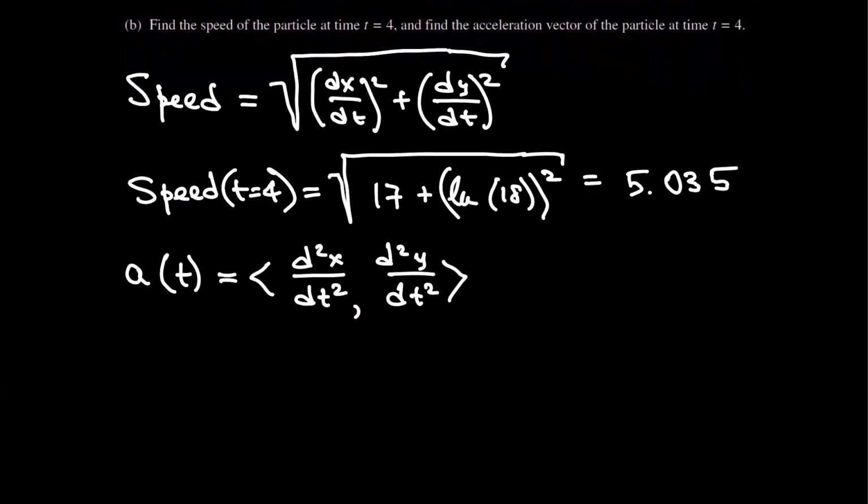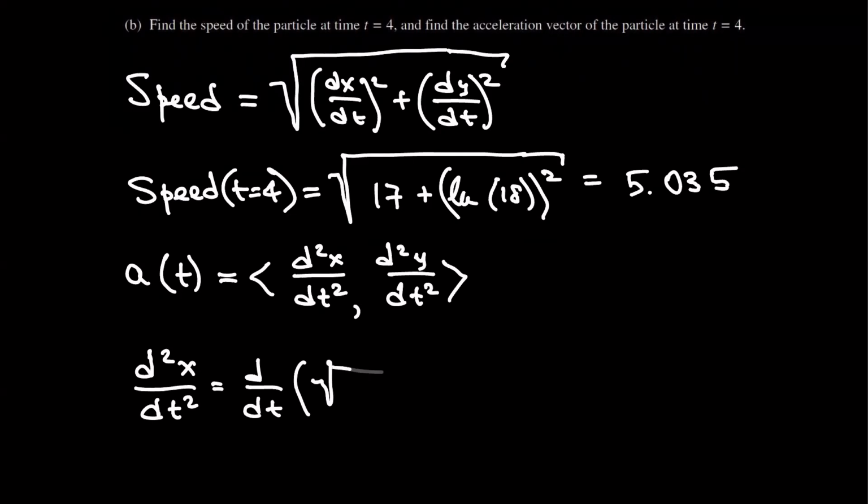Let's calculate the second derivative of x with respect to time. That's d over dt of dx/dt, which is the square root of 1 plus t squared. This is equal to 1/2 times the square root of 1 plus t squared, times the derivative of 1 plus t squared. This is the chain rule, times 2t.